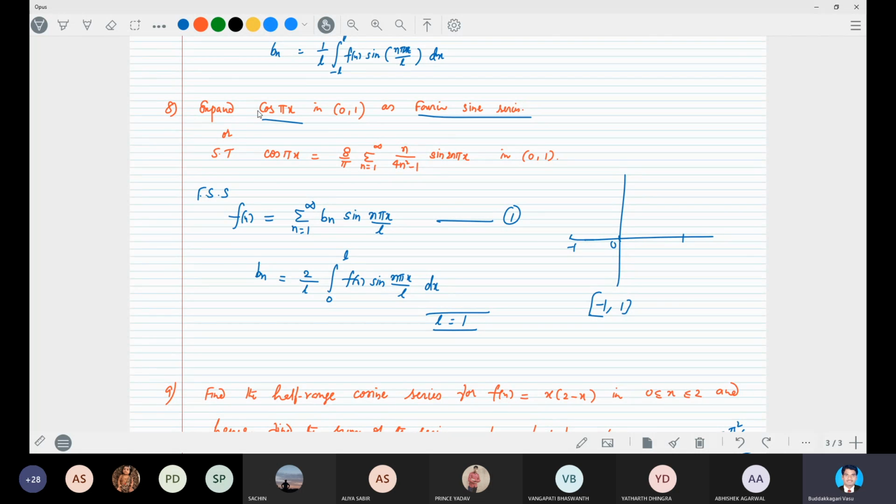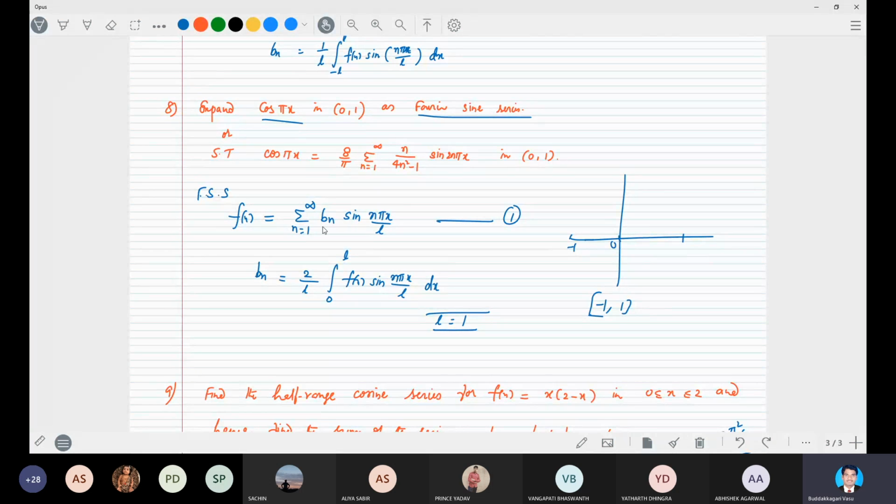So that is finding the Fourier sine series in the half interval 0, 1. What will be the Fourier sine series? f(x) is equal to a sine series, so a0 is 0, and it has only b_n and sine terms.